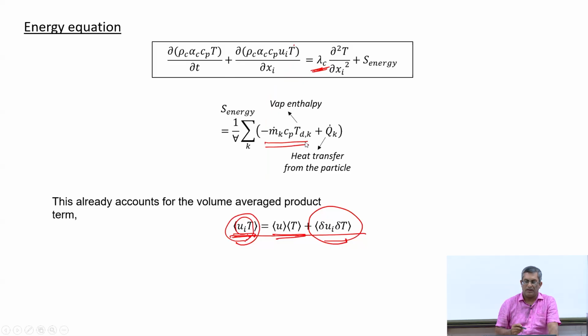First one is due to the enthalpy of the vapor in the case of the evaporation process, for example. So you are adding enthalpy to the carrier phase. If the particles are evaporating, the vapor which is getting mixed with the air has some enthalpy. So you are adding enthalpy, and that we have to account for.